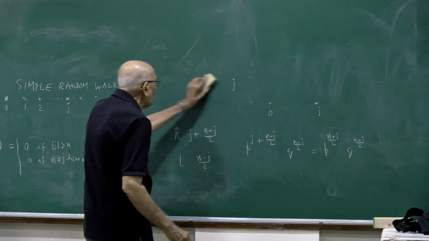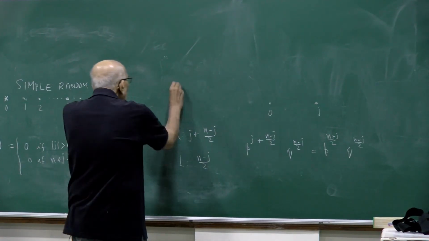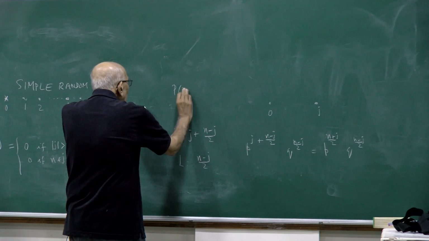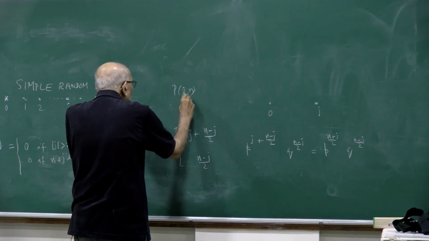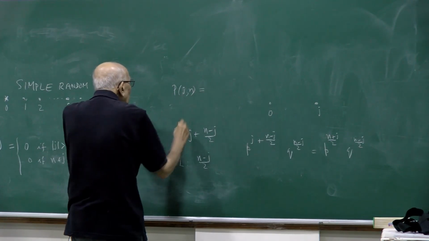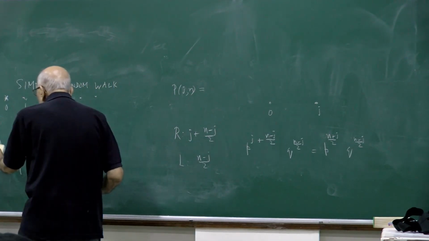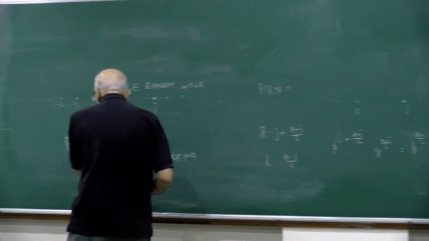So the probability of being at any j in n steps, P(j, n), I wrote n comma j, I'll take that back, this should have been written j comma n.